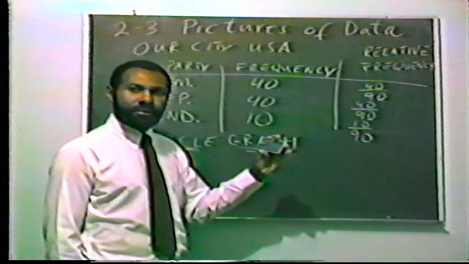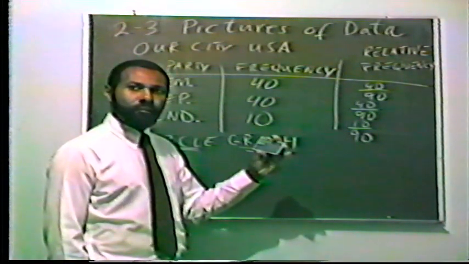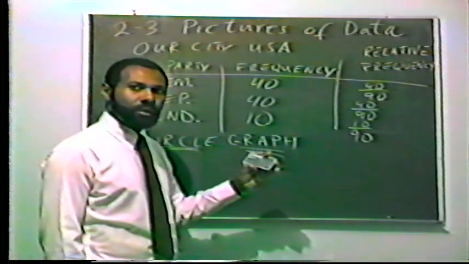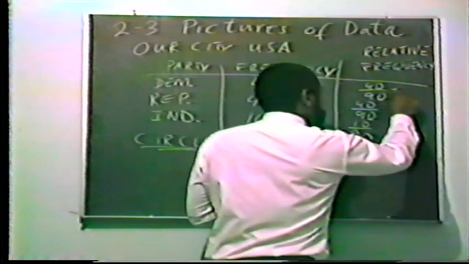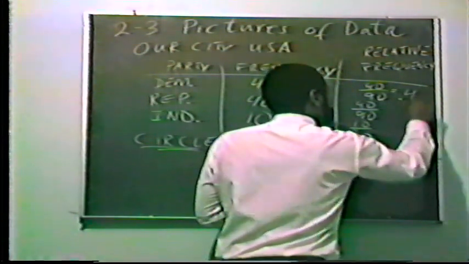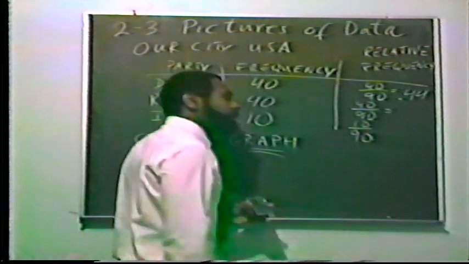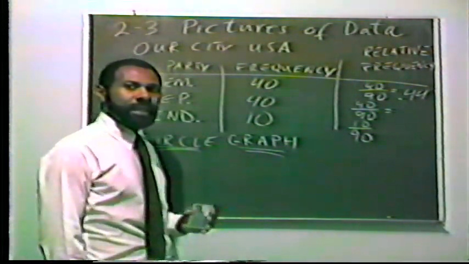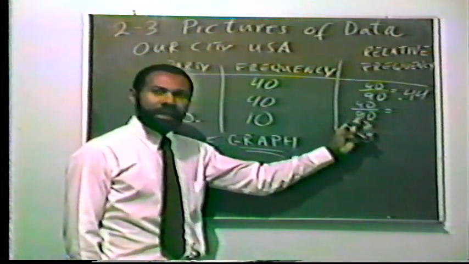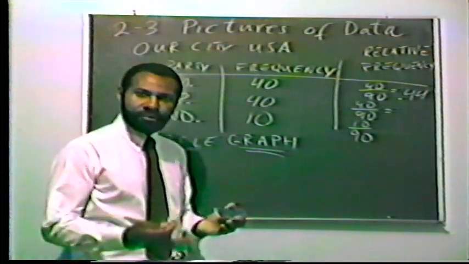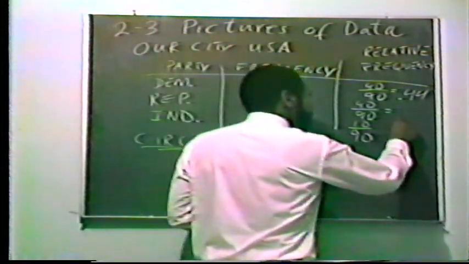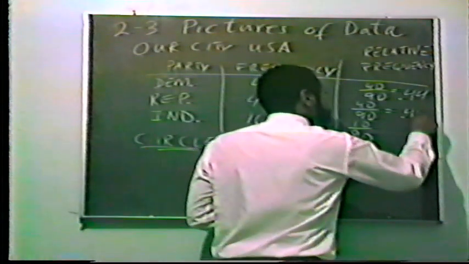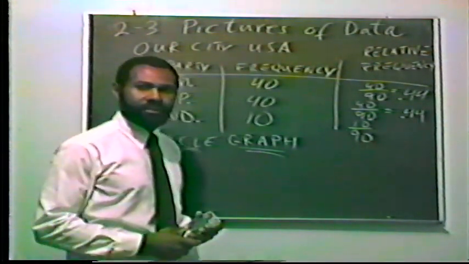That gives us 0.44 or 44 hundredths. Next, we have the same number, 40 divided by 90. So that will still give us 0.44 or 44 hundredths.